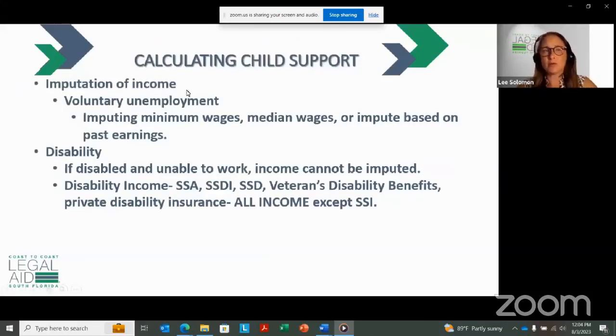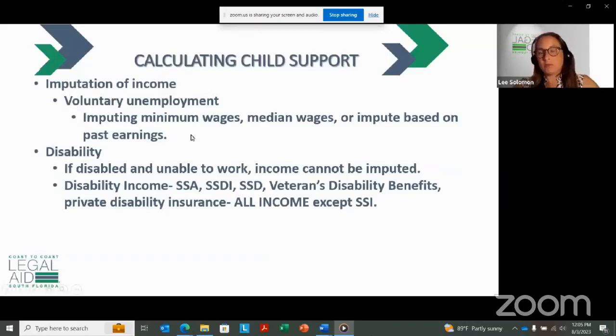Now, in a situation where you have someone who is not employed, if they are voluntarily unemployed, the court can impute minimum wages to them. They can impute median wages to them or impute based on past earnings. The statute lays out when it is appropriate to do which type of imputation.